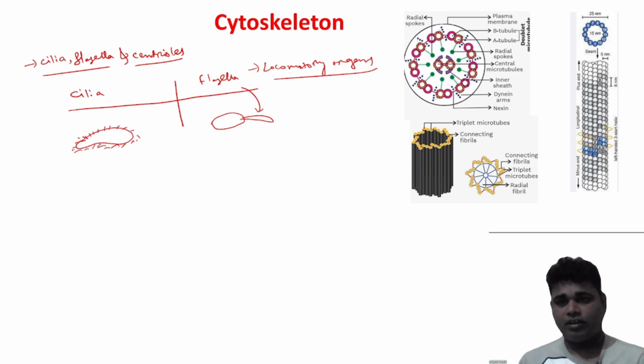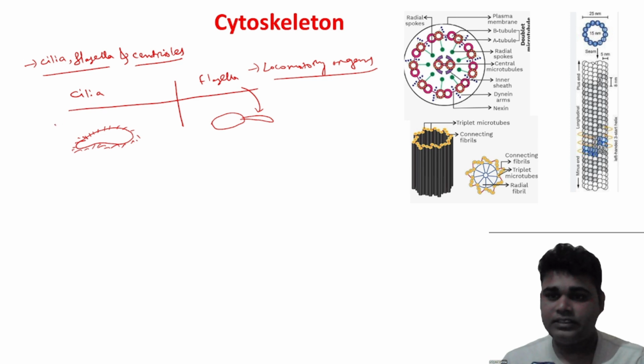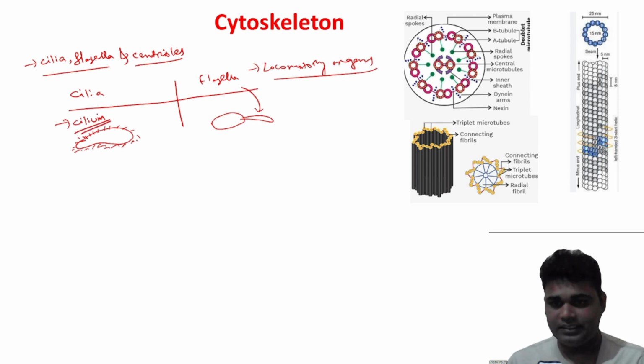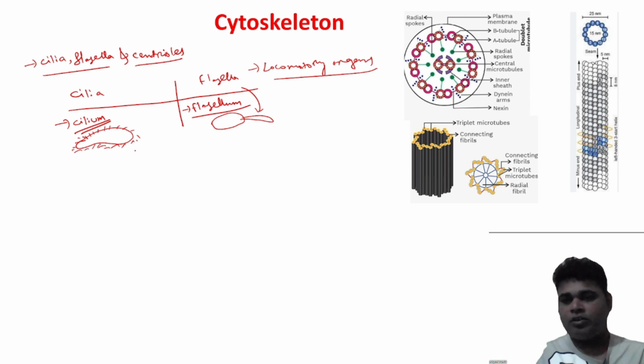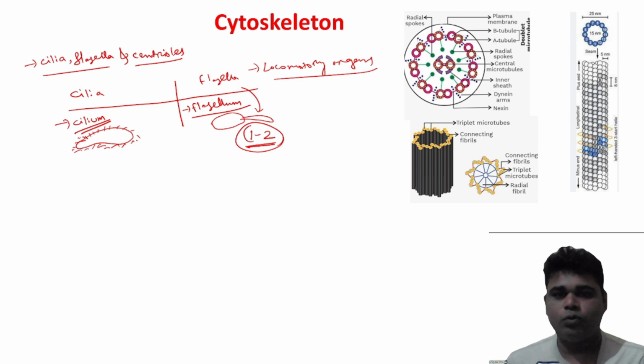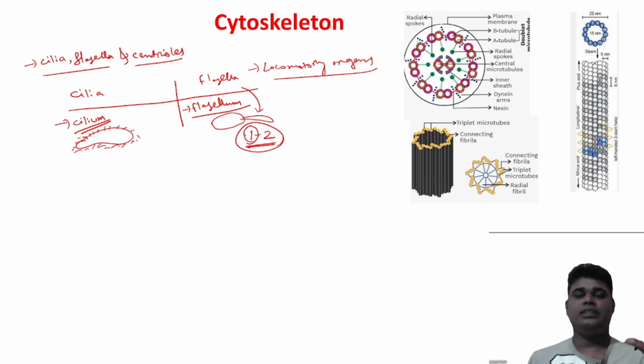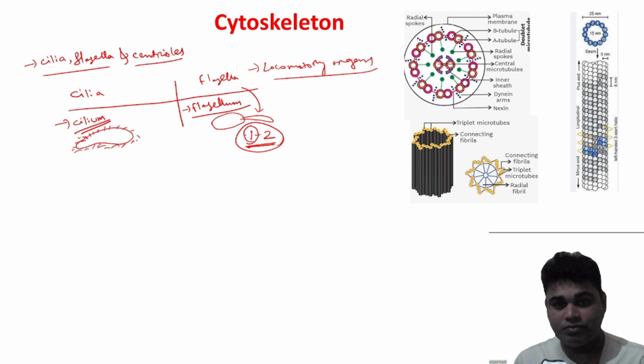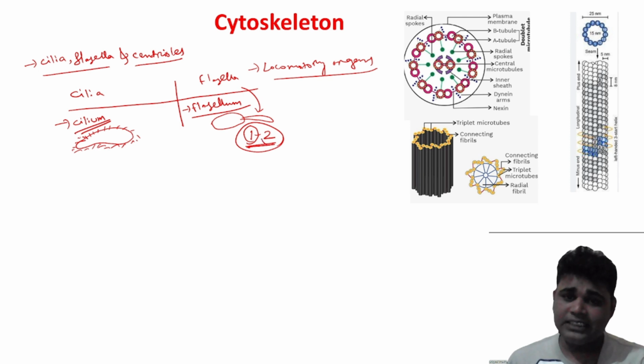The singular term of cilia is cilium. That means one cilia is called a cilium, while one flagella is called a flagellum. Now the number of cilia is always high, but the number of flagella is maximum one or two, mostly a single flagellum is present, or maximum two.